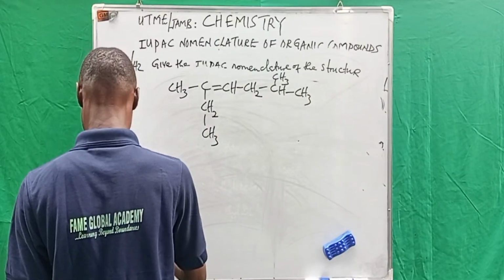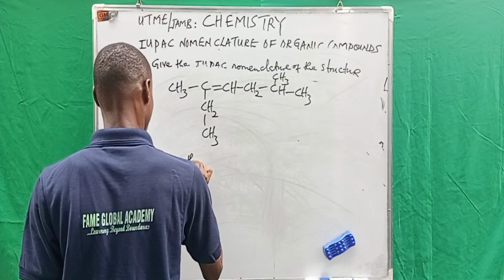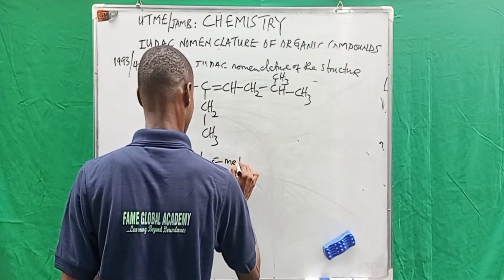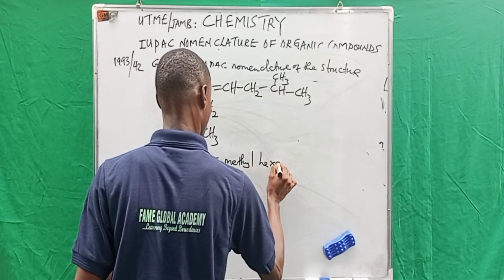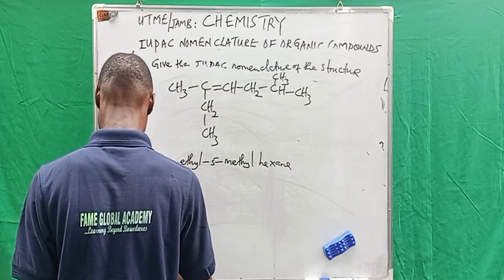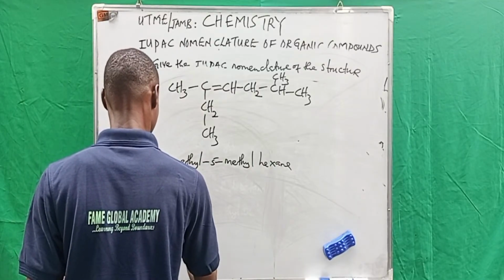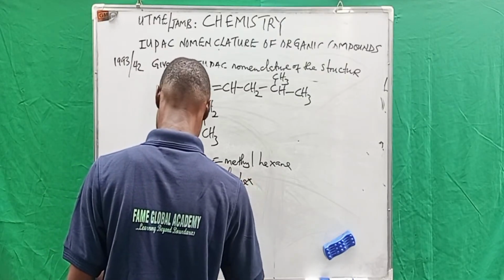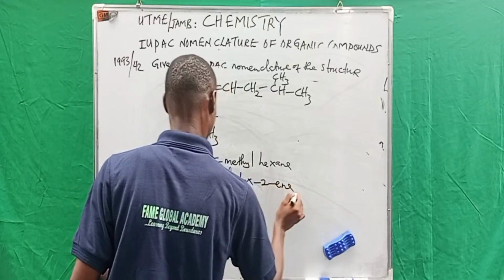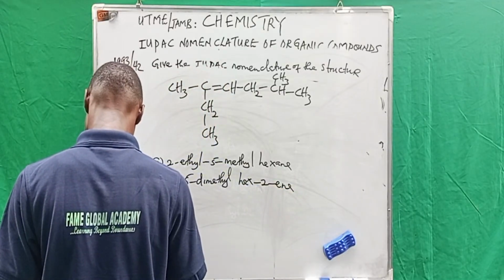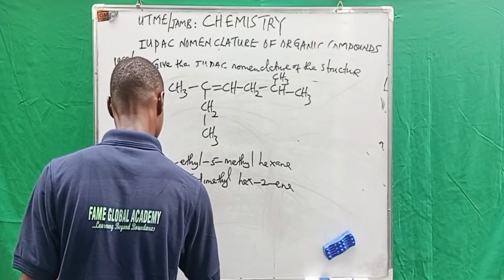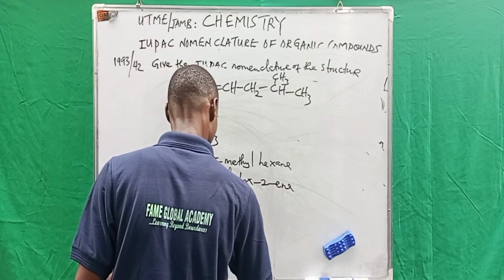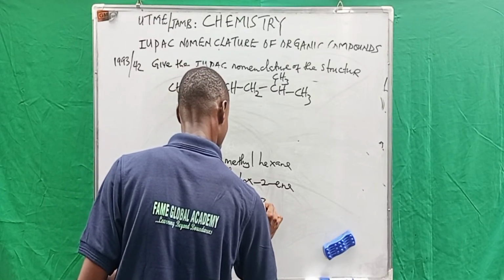We have A, 2-ethyl-5-methyl hexane. Then B, we have 2,5-dimethyl hex-2-ene. Then C, we have 3,5-dimethyl hex-3-ene.